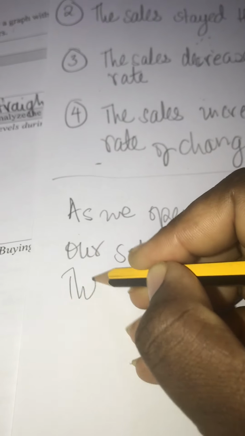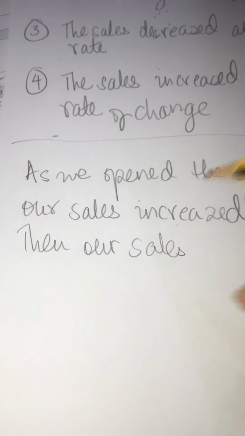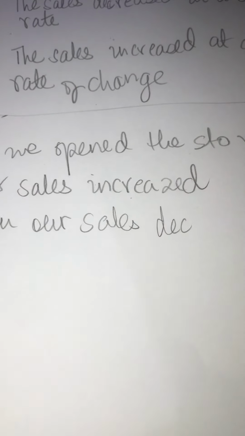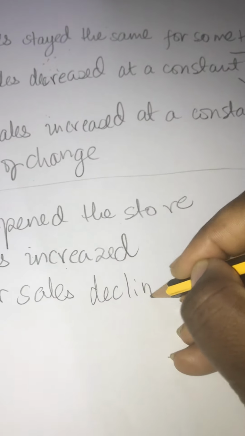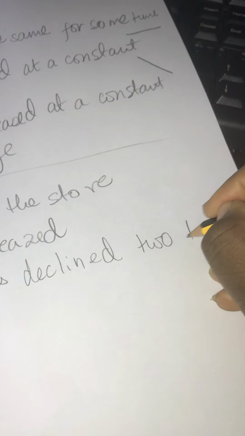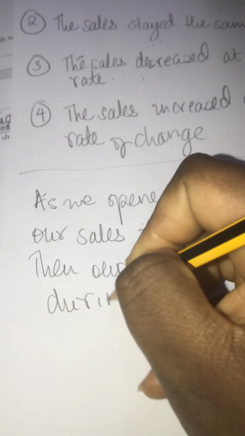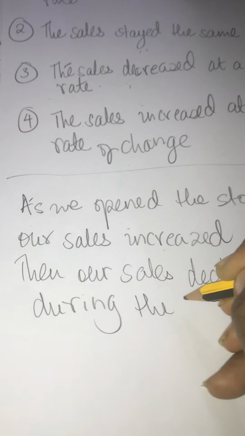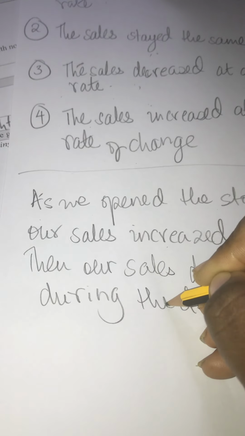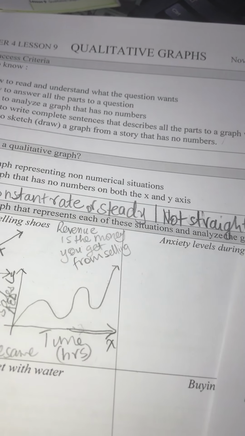So then our sales declined or decreased. So use vocabulary. Declined 2 times during the day. And remember, no 2 people will write the same story. Everybody has a different way of seeing the graph, but it has to make sense, okay?